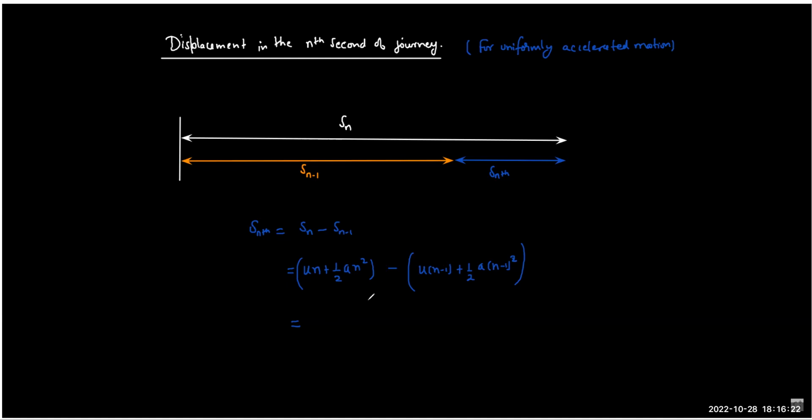Can you do the simplification and tell me the answer? Now you should not get confused with Snth and Sn. So Snth is the last second out of n seconds.